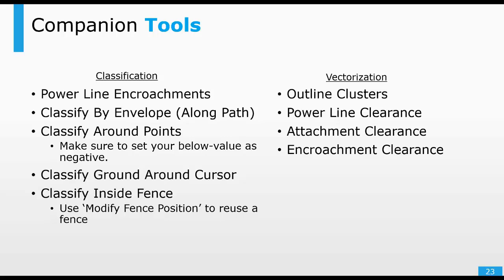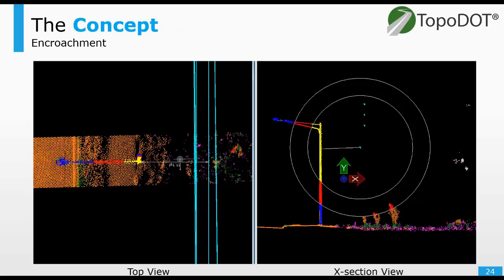But for encroachment, the idea is you have wires that you've extracted and poles. You then use these to perform the automated encroachment routine, and essentially this will classify the data around the wires up to a specified distance. In this case, we have two zones to represent an inner and outer region. The inner region being yellow, the outer being red.